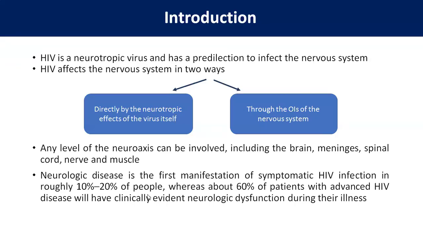Neurologic disease is the first manifestation of symptomatic HIV infection in roughly 20% of the people, whereas 60% with advanced disease will have clinically evident neurologic dysfunction during the illness. So in the majority, 60% of advanced HIV patients, the neurological dysfunction is relevant and pertinent during the entire course of illness.